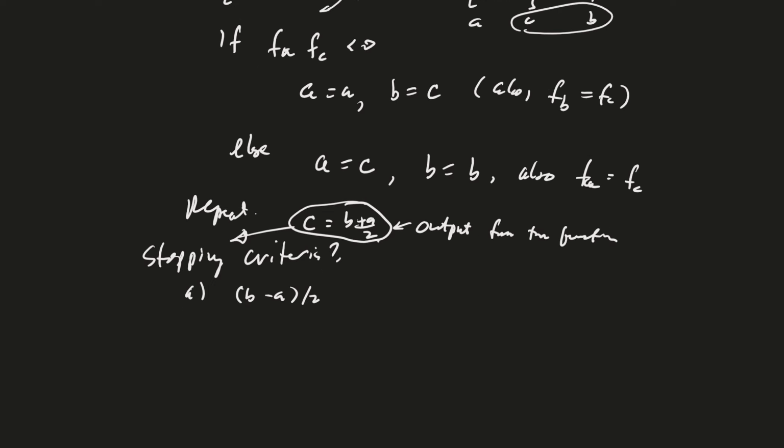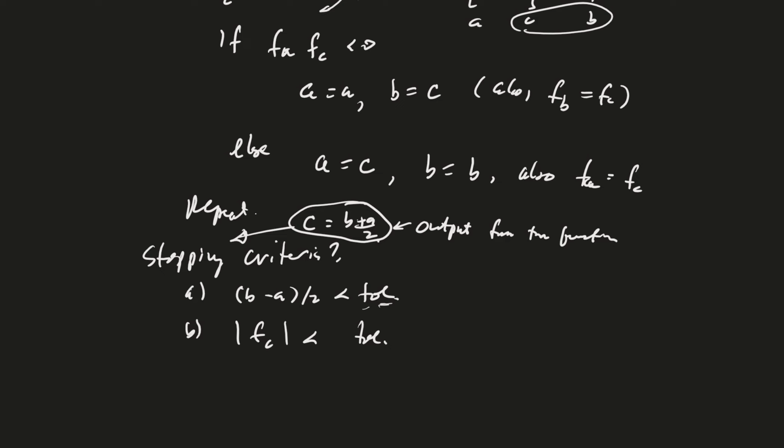So one stopping criterion would be that the interval size is less than some tolerance, right? So that way you know the solution is somewhere in the interval, and so this is checking the tolerance on x. You could also check the tolerance on y, and so you could say, is the absolute value, geez, I'm writing it like computer code, is the size of f sub c less than some tolerance, right? Because we want f of x to be equal to 0. Good.